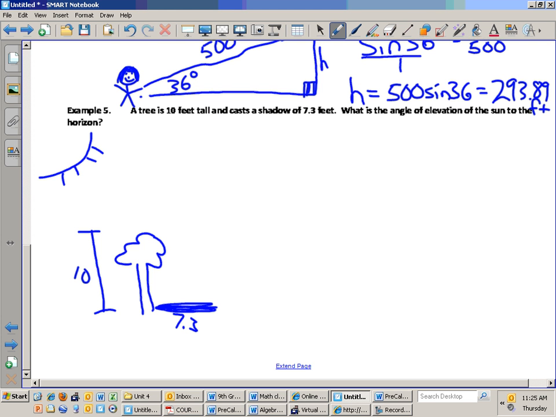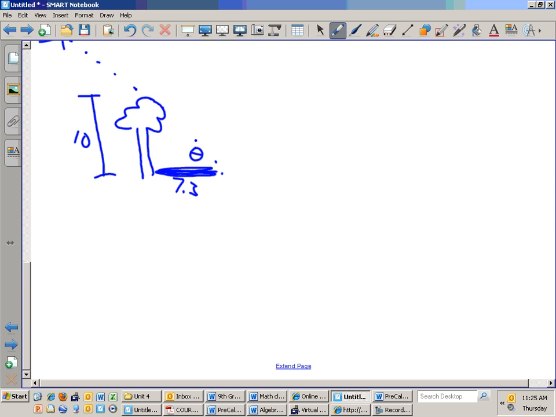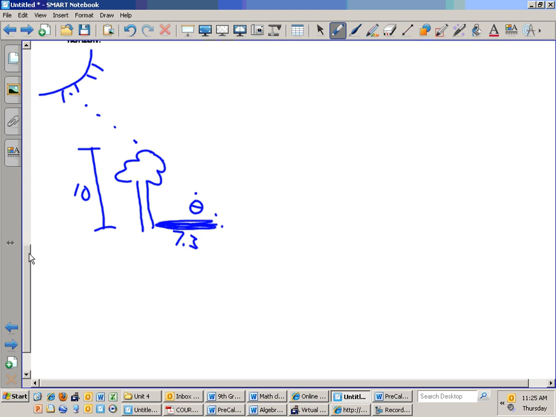So if we look straight out into the distance, what angle of elevation would we have to raise up to see the sun? Because the sun casts that shadow. And so really what we're looking for is theta. So what makes this problem unique is that we have the two sides.